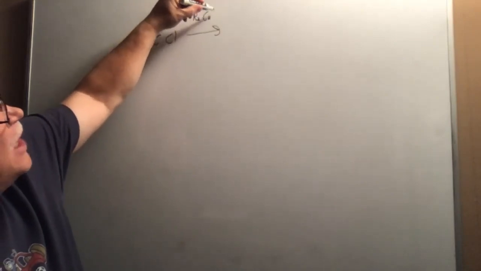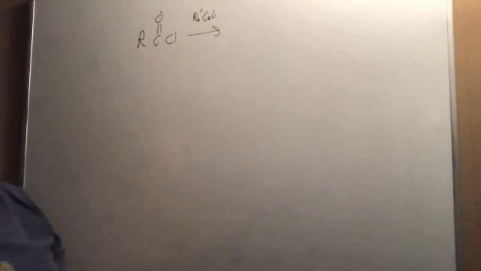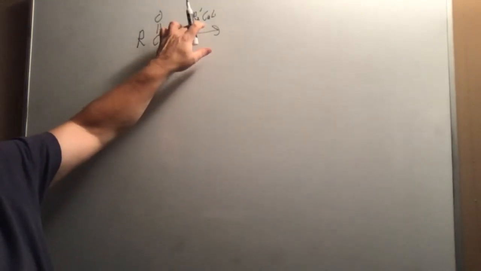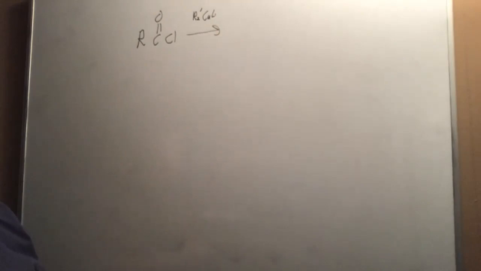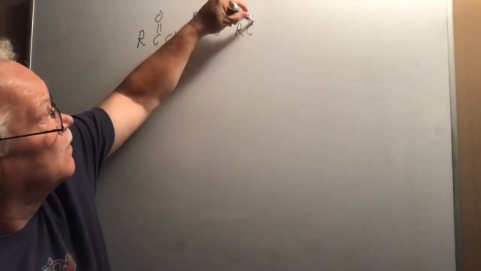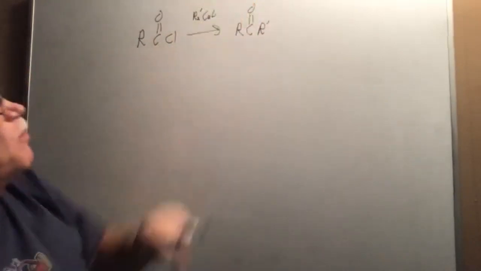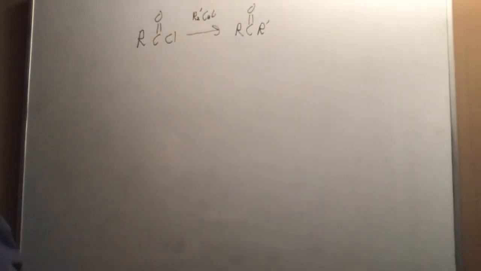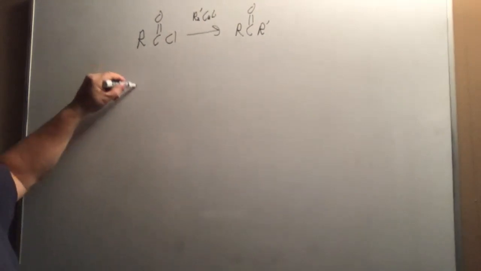And a cuprate agent is also called a Gilman reagent. So notice it's just an R2CuLi. This is called a cuprate. What ends up happening is the chloride is replaced with an R group from the cuprate reagent. Okay? Another way to write this is to do this.